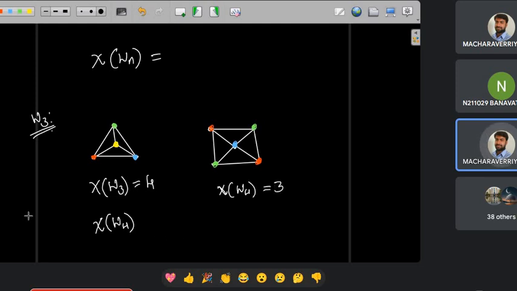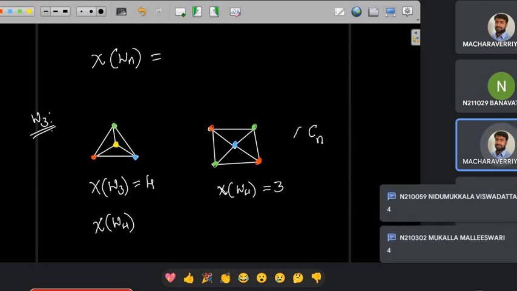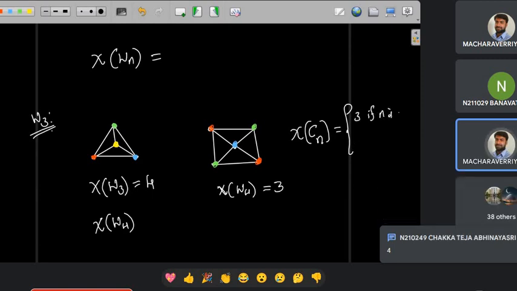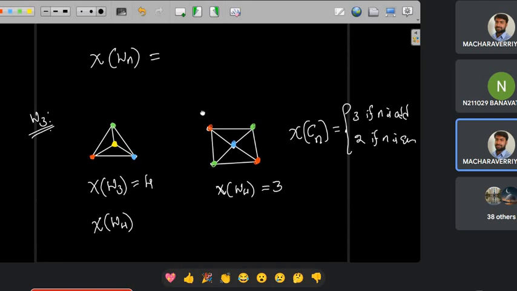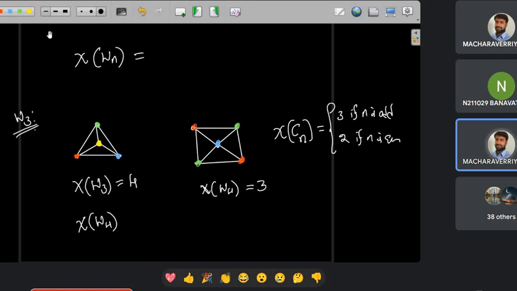So how about the chromatic number of W5? See, it is as simple as this. You know the chromatic number of Cn. So what you know is it is 3 if n is odd, and it is 2 if n is even. Now what is happening? In Wn, you are taking one more vertex and you are connecting that vertex to every other vertex, right?